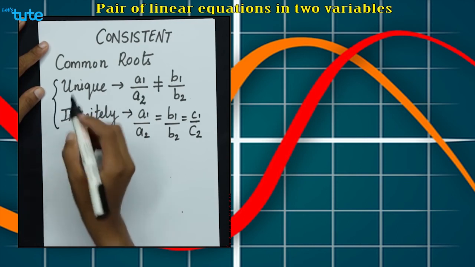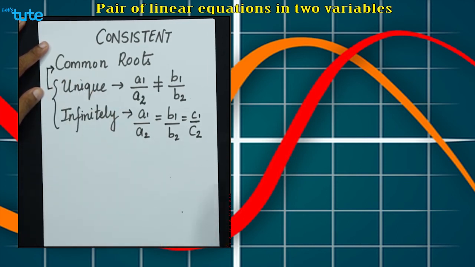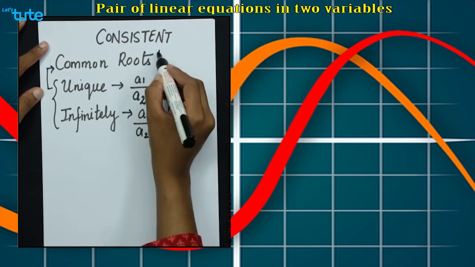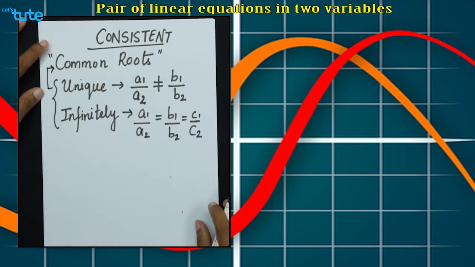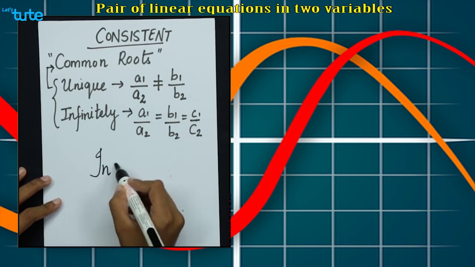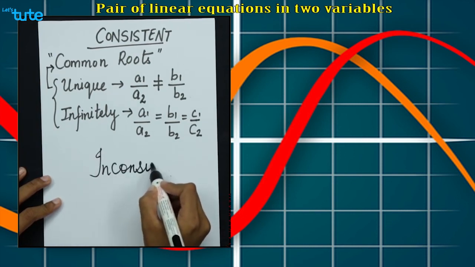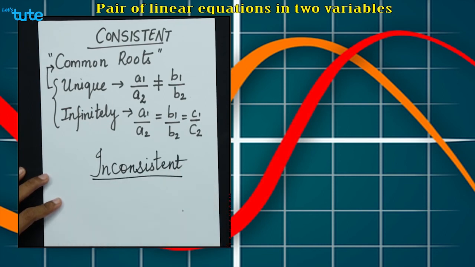Both these conditions together give us common roots. Maybe they can be 1 or they can be infinitely many. In the case we have common roots, we call such a system of equations to be consistent. So when do we call them as inconsistent? A system of equations is called inconsistent when they do not have any common root.